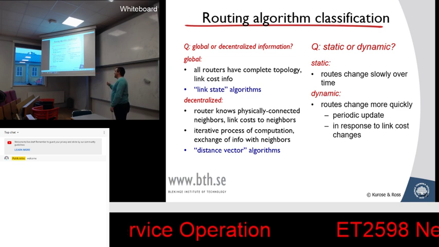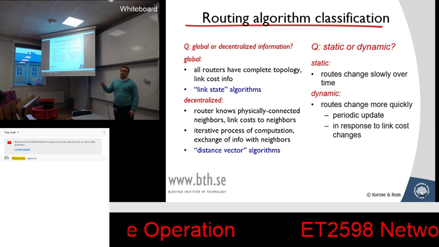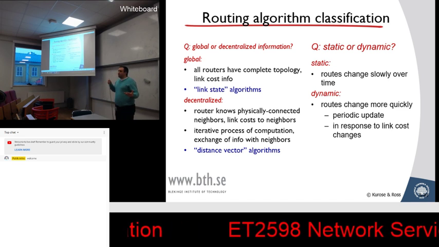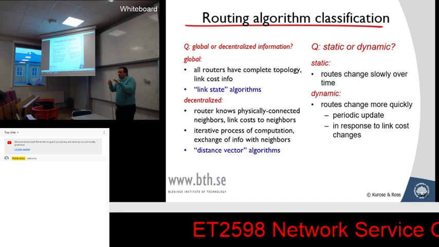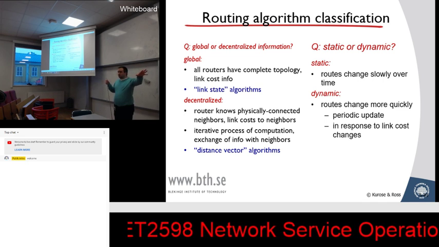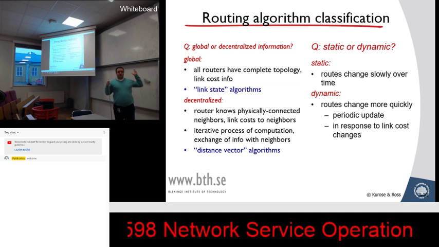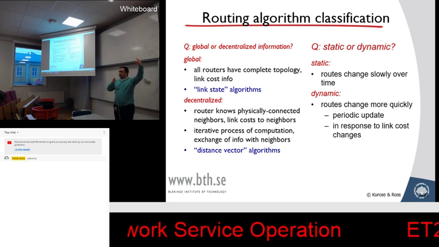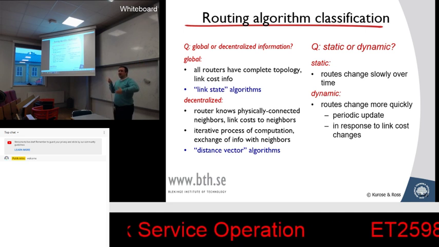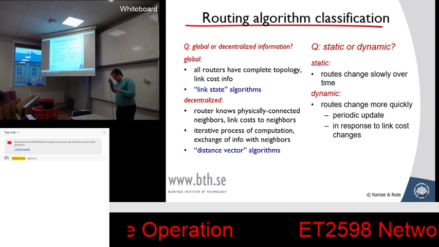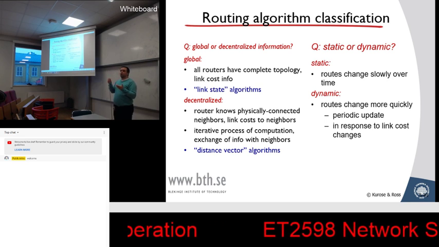The opposite of that is decentralized information. This is where each router has only its own viewpoint. I am here, I can talk to that entity and that entity, and based on that information I can exchange with these 3 entities. I build my view and start to forward packets accordingly.